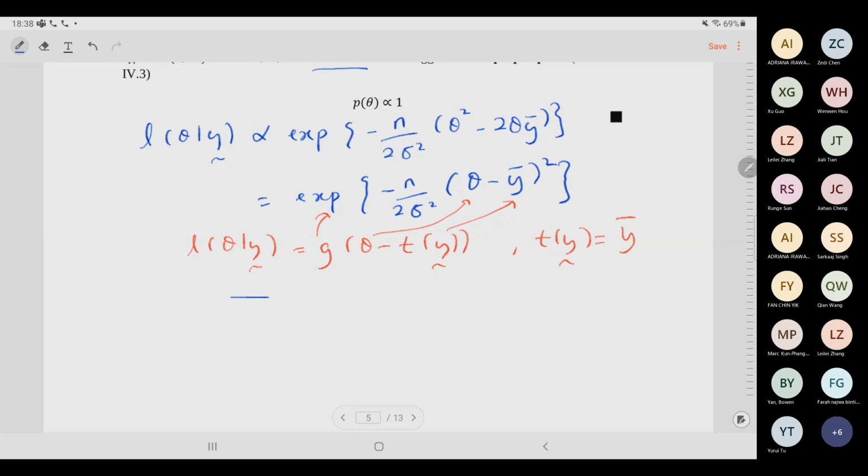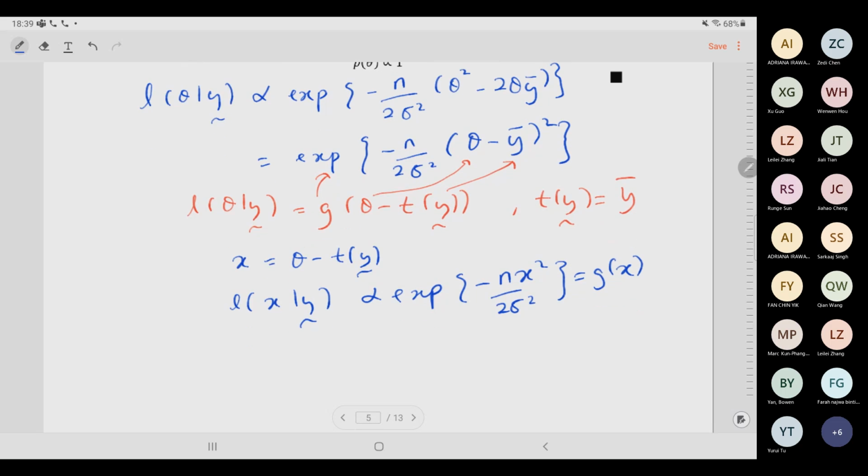If I define my x as theta minus t(y), where t is my sufficient statistic and t(y) is my y bar, then I can rewrite my likelihood into a function of x rather than theta. So I have x given y, which is actually an exponential of minus n x squared over 2 sigma squared, which is a function of x.